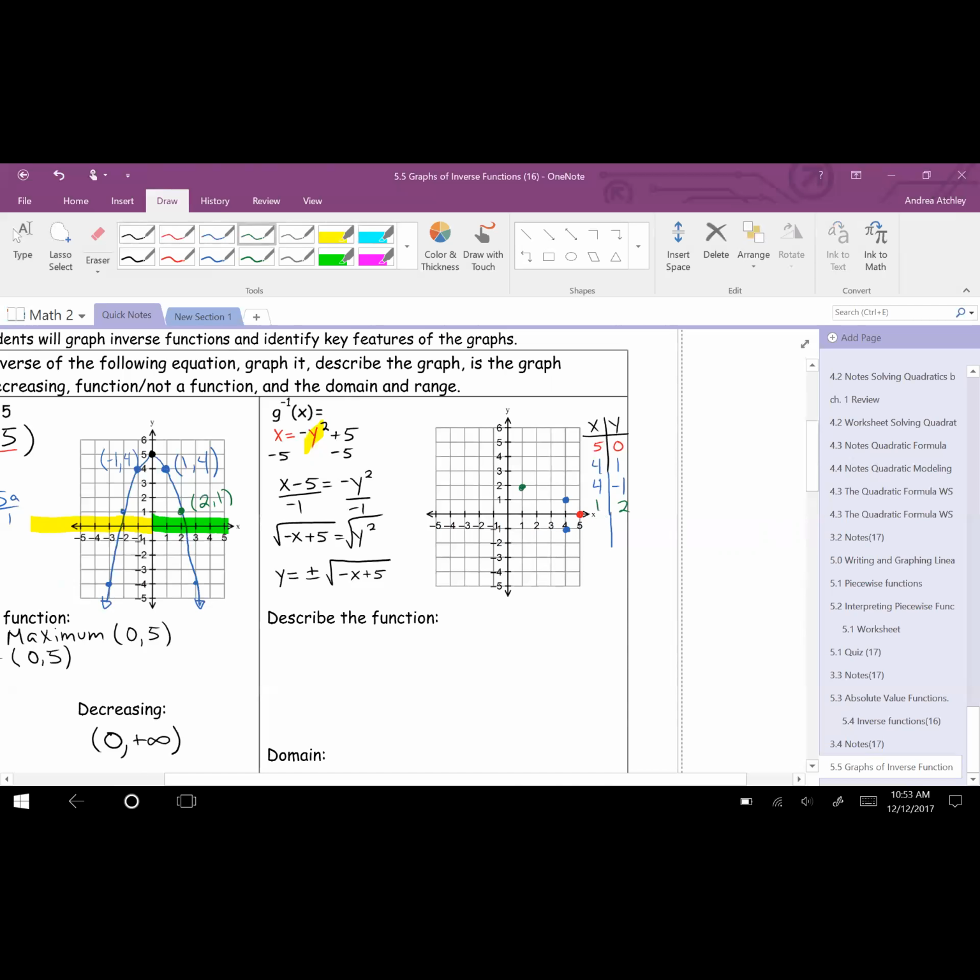And then finally this point. This is -2 and 1. So my inverse is going to be 1 and -2.